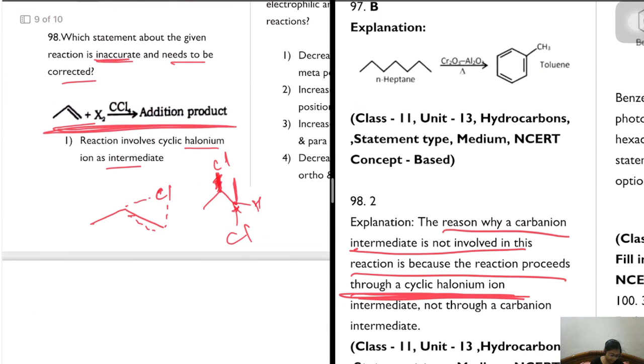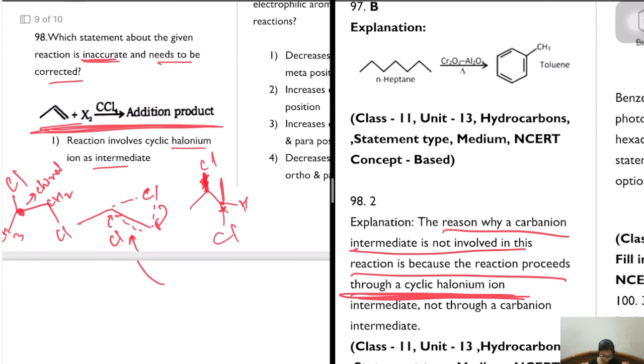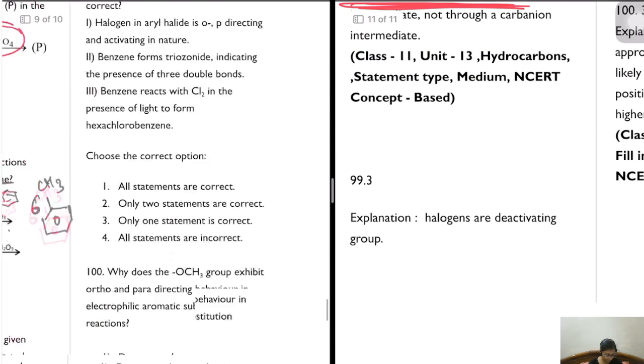See here, another chlorine atom will attack. So if it is attacking from here, it will go here. So we'll have this, and this is chiral. It has CH3 here and it has CH2Cl here. So I hope you understand it better now. Earlier explanation, you could not have understood that directly. Let's see the next question.